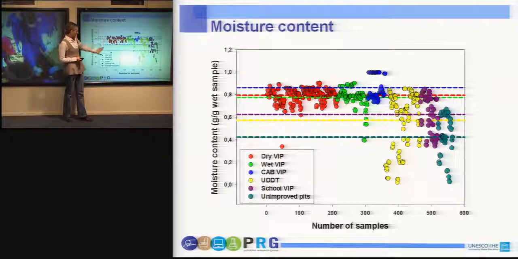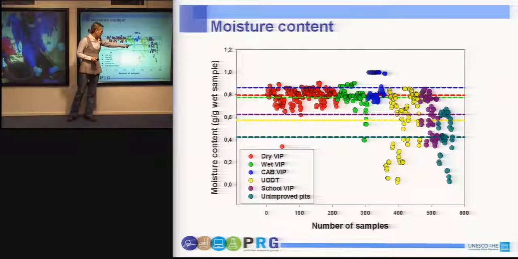So what we observed is that within these pits, we had a variation between 60 to probably 90% of moisture content, where the total average, the mean value from all the samples, was about 80%.